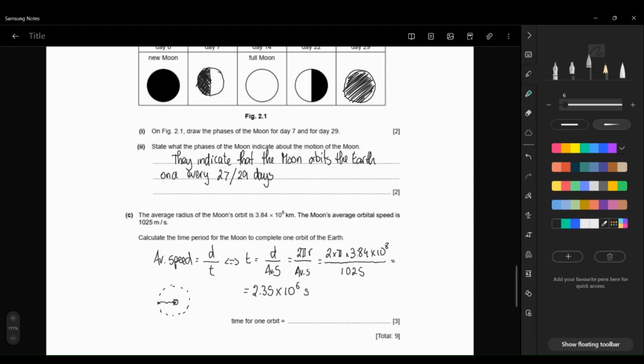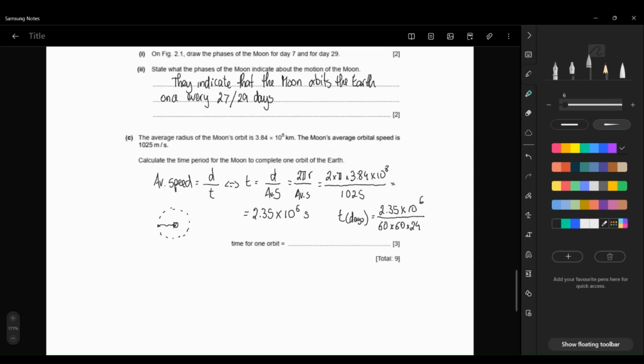If you want to put this in days, I'll just do it over here. The time in days, you just have to divide this value that you just calculated by the number of seconds that you have in one day. So you have 60 seconds in 1 minute, you have 60 minutes in 1 hour, and you have 24 hours in one day.